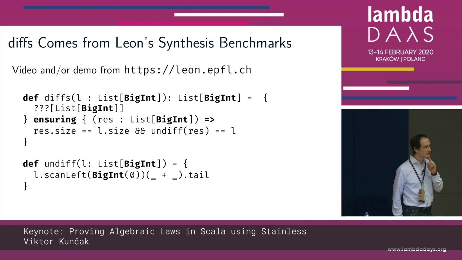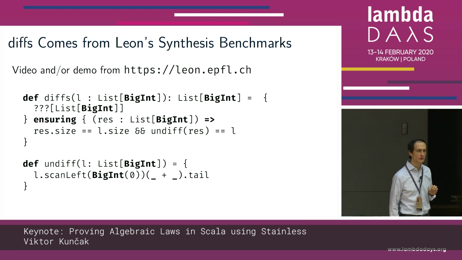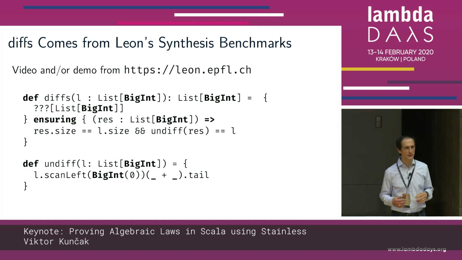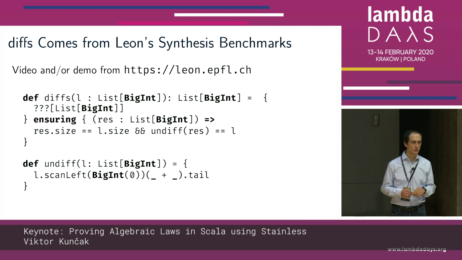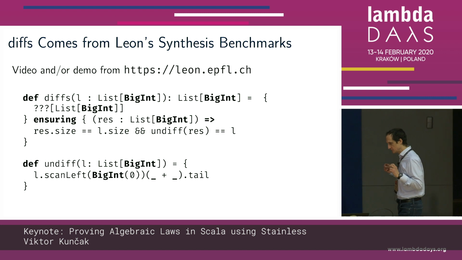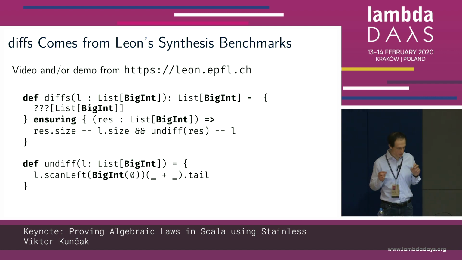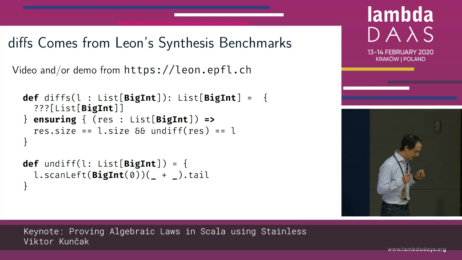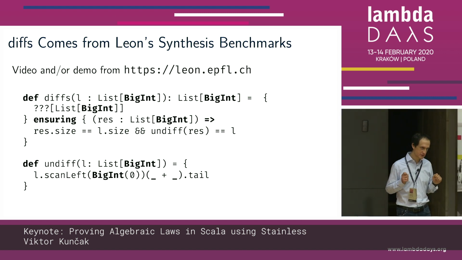So you can write, in principle, arbitrary executable specifications. You are not restricted if you write purely functional code with integers, algebraic data types, and so on. But there are certain things that will be supported better by the solvers, like primitive operations on bit vectors and on integers.